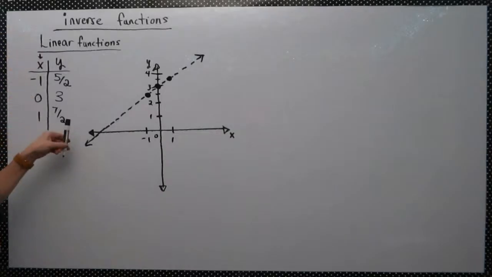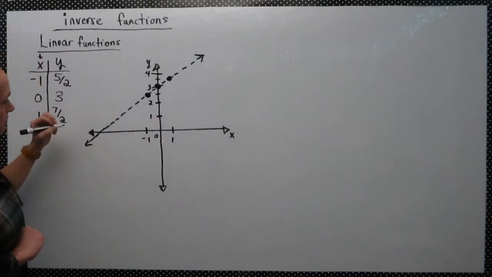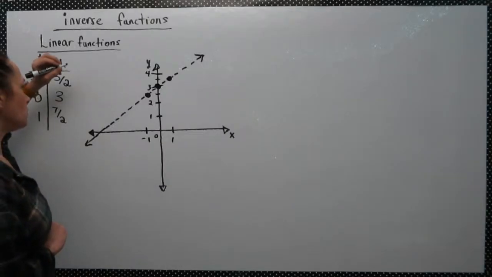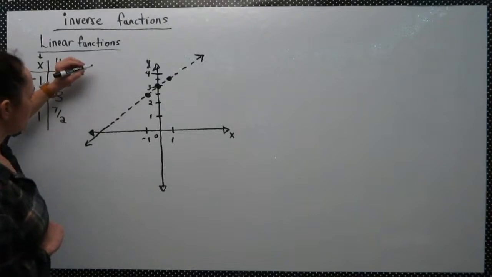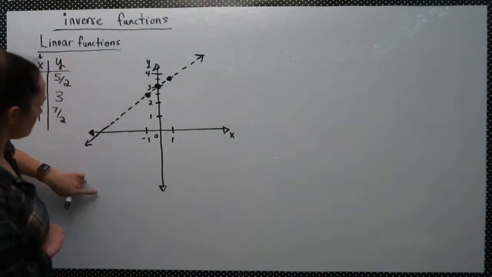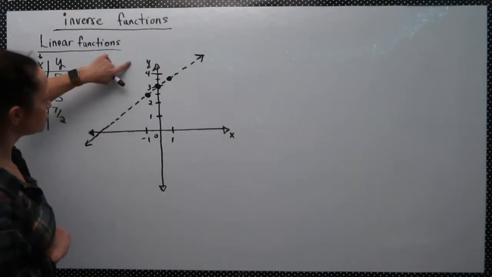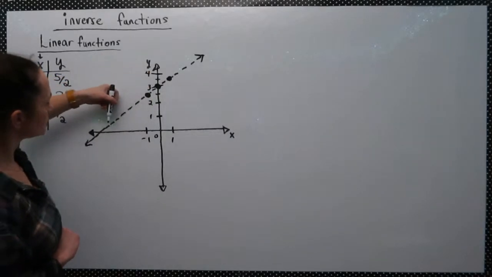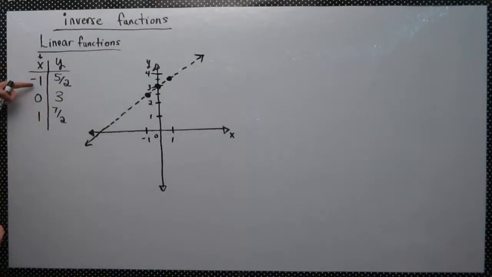You can do a vertical line test, where you determine: is there any place in my graph where, if I draw vertical lines, it's going to cross more than once? And that would lead to repeating x values, right?